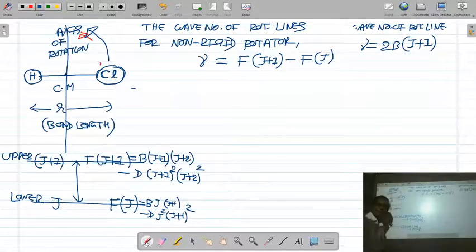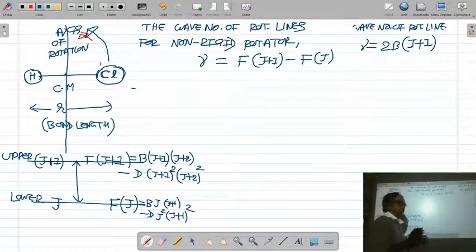Now when the molecule makes a transition between the lower rotational level J and the upper rotational level J+1, you will get a rotational line.